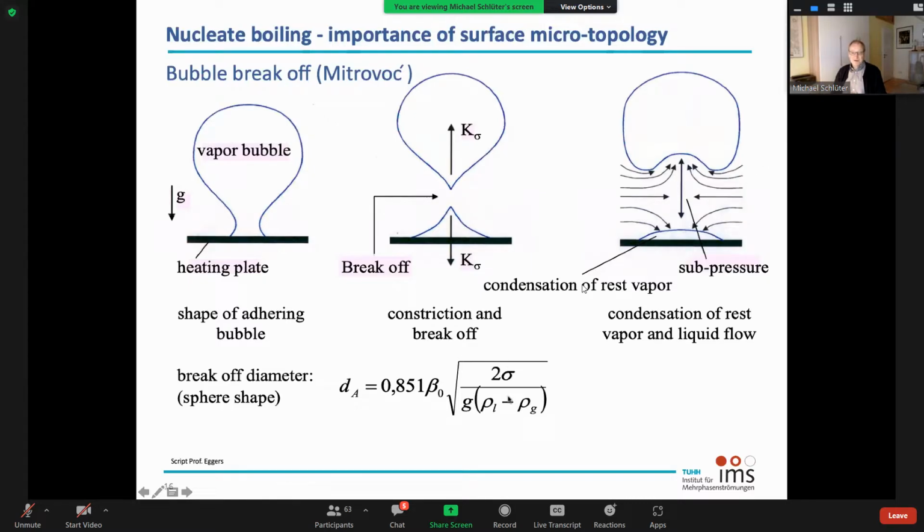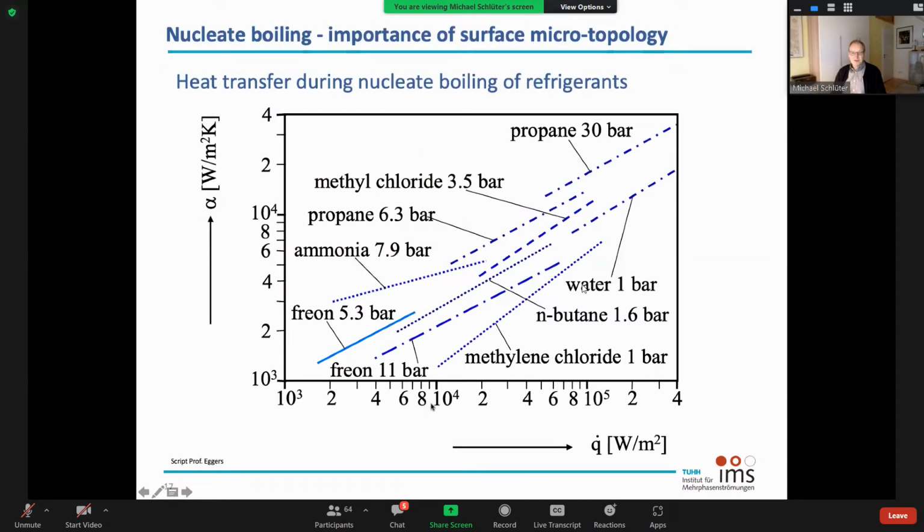At this critical diameter, the bubble will lift off. Here we have a correction factor, beta 0, the surface tension, gravity, and of course the density difference between the vapor bubble and the surrounding liquid. This is the so-called break-off radius of Fritz, who created it.